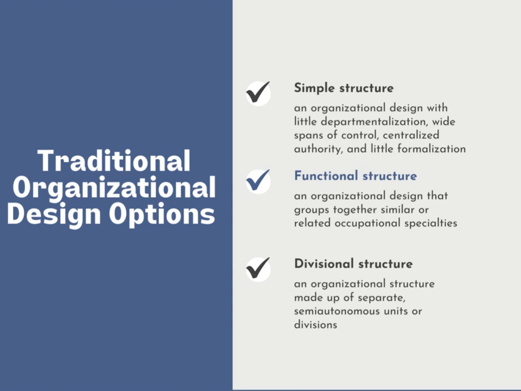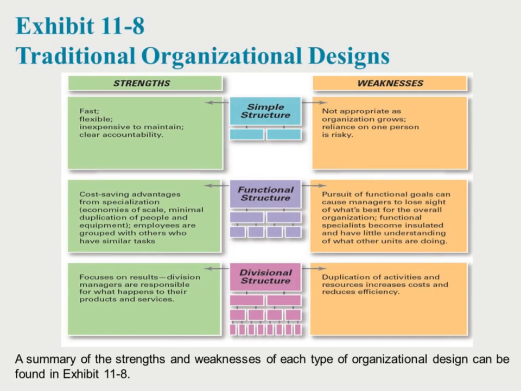And a divisional structure is an organizational structure made up of separate, semi-autonomous units or divisions. In this graphic, we see the strengths and weaknesses of the simple, functional, and divisional structures.